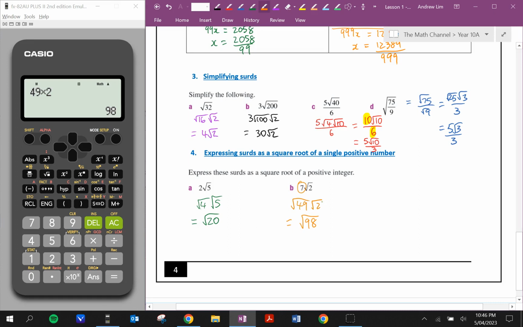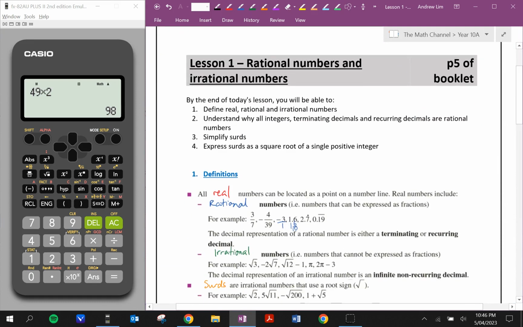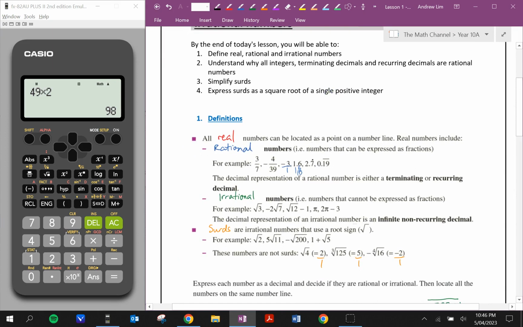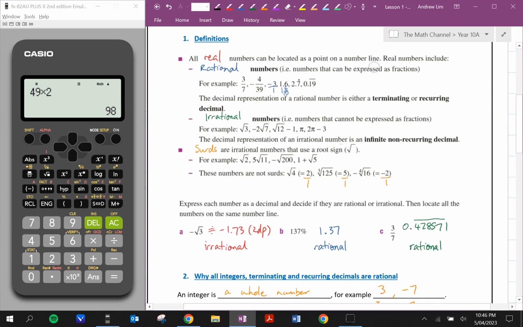So let's recap what we looked at. So we looked at definitions. Okay, we said that all real numbers can be written on a number line. We said rational numbers can be written as a fraction. Irrational numbers can't. Surds are irrational. They can't be written as a fraction.